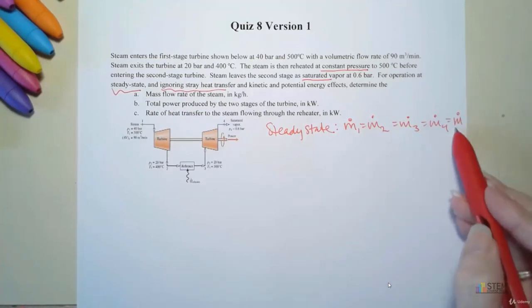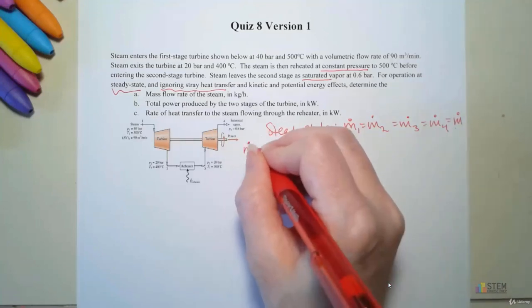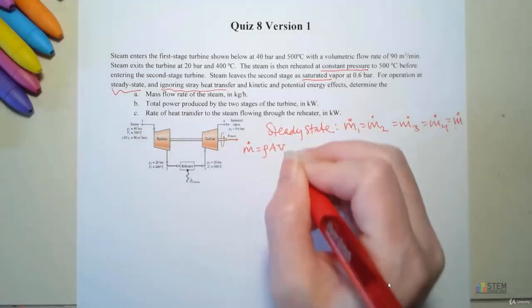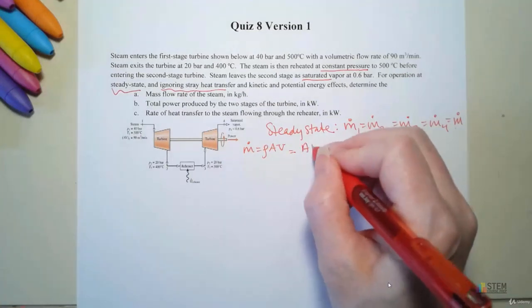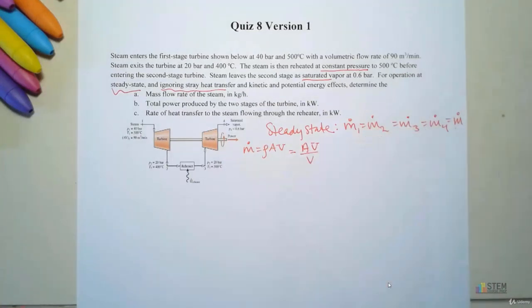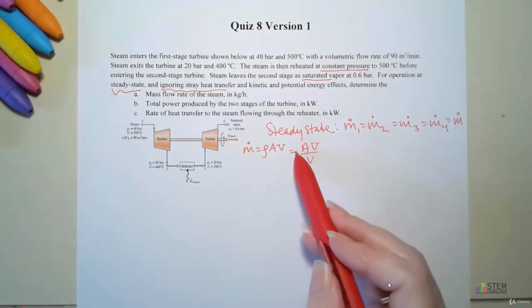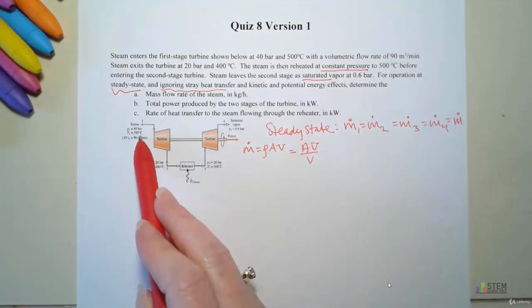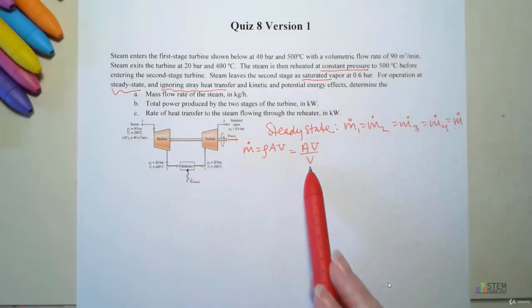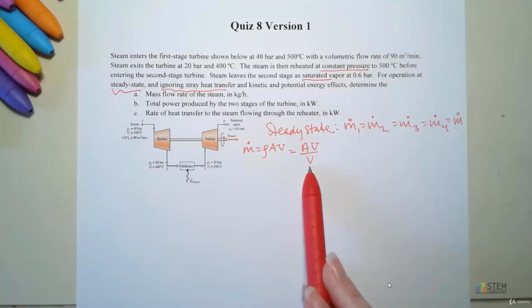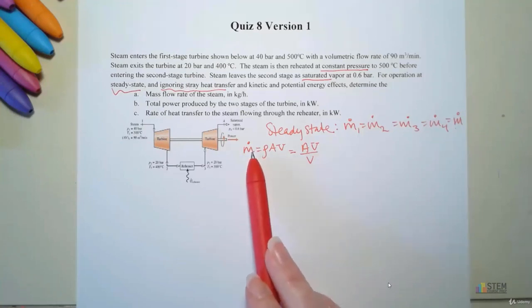Now the equation for mass flow rate is rho A V, where V is velocity. We can rewrite that as volumetric flow rate over specific volume. Now this volumetric flow rate was given to us at this entrance right here. That means if we can find specific volume, we can find m dot.